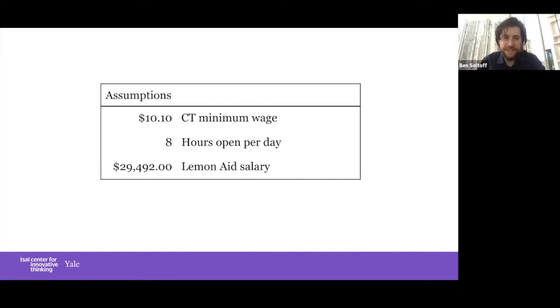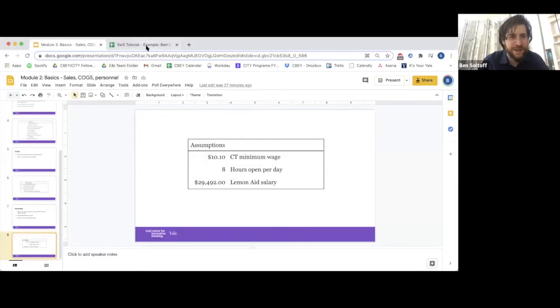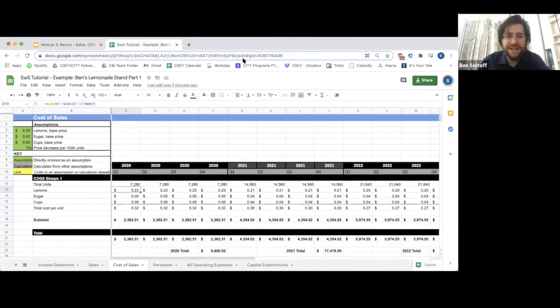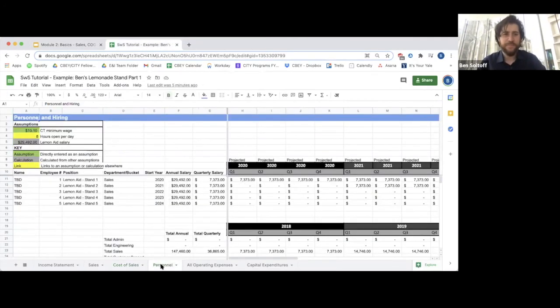So let's go back to our financial model one more time in this module and see what that personnel tab looks like. So here we've got that Connecticut minimum wage. Note that this 8 for the hours open per day is actually a different assumption that came from earlier in the sales tab. So that's why it's yellow here, so that if I change it on the sales tab, it will also change here.